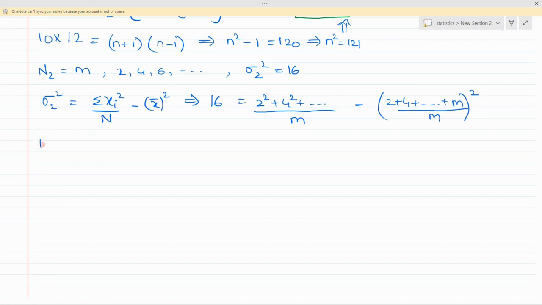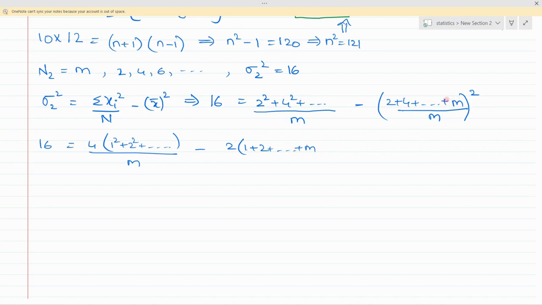This can be written as 16. From here take 4 common, inside we will be left with 1 square, 2 square, so on till m observations upon m, minus take 2 common, inside we will be left with 1 plus 2 plus so on till m.